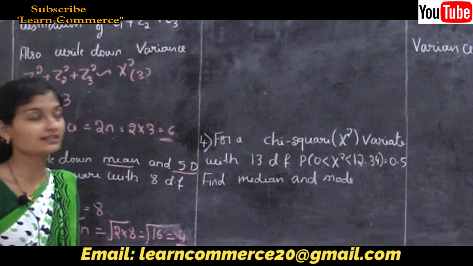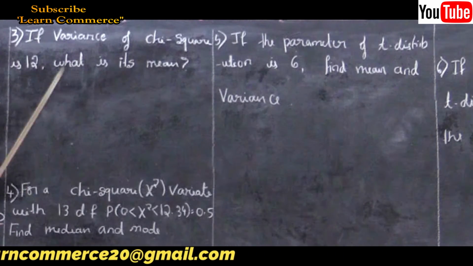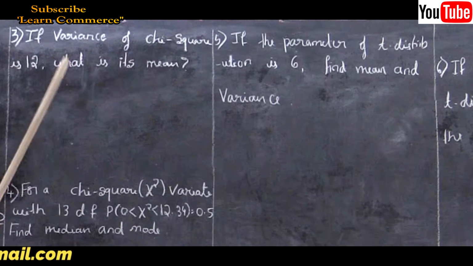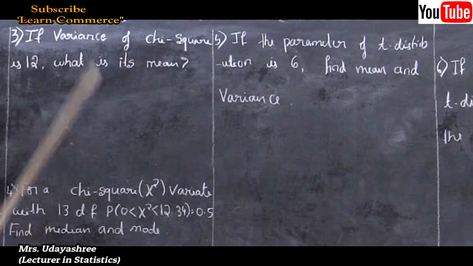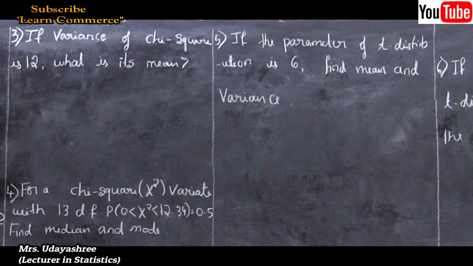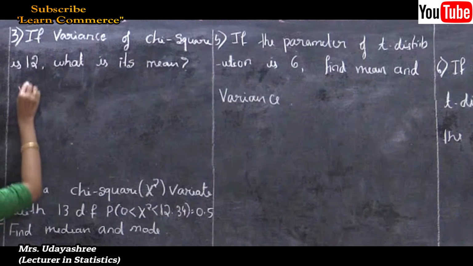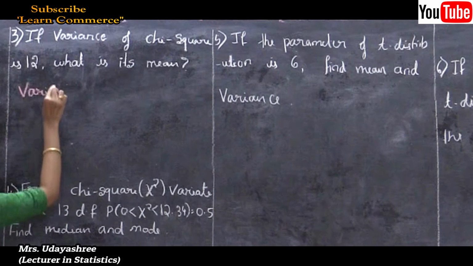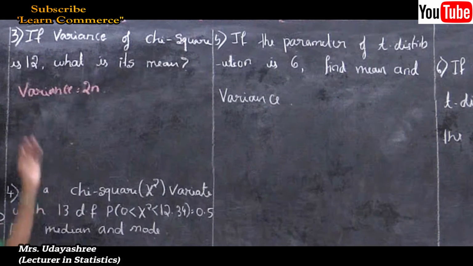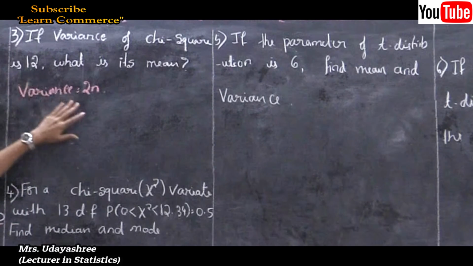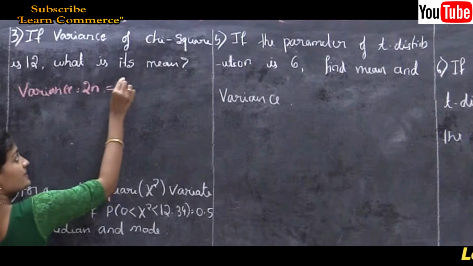Okay, next let us see the third question, that is if variance of chi-square is 12, what is its mean? The variance of chi-square is 2n. Given that the variance of chi-square is 12, therefore 2n is 12.